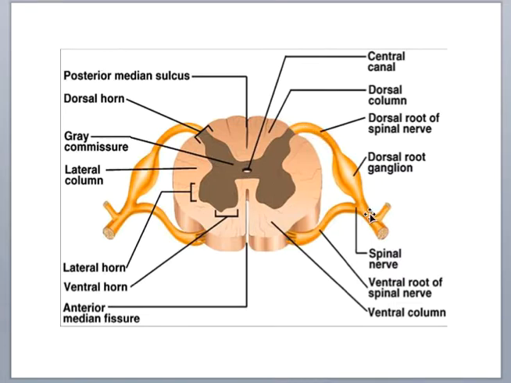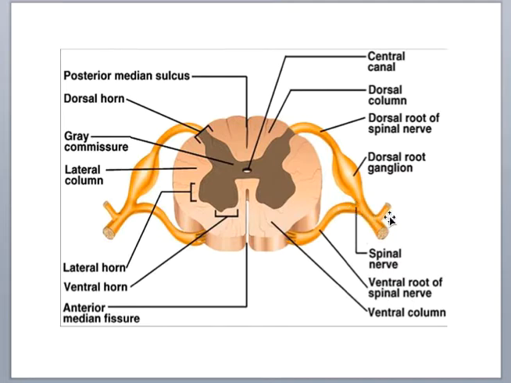These are spinal nerves, all right? And when we talk about reflexes, you will see that this, which is called the dorsal root, I apologize, this is the dorsal root. This contains sensory neurons, and this would be bringing information in. This, which is the ventral root, would contain motor neurons, and that information would be going out.